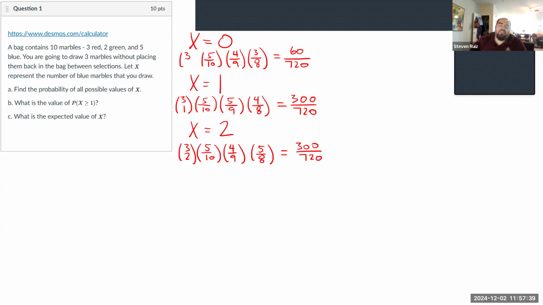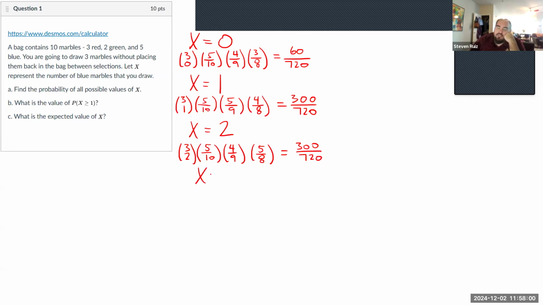Really, this is a 3 choose 0, because of the 3 marbles I was choosing, I was trying to put a blue marble in none of those places. There's only one way to do that. So really, I'm multiplying this by 1, which doesn't alter my calculation at all.